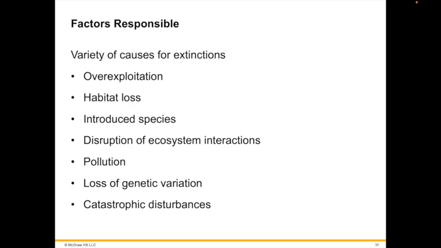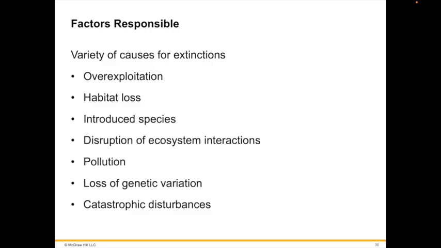A variety of causes, independently or in concert, are responsible for extinctions. Historically, overexploitation was the major cause of extinction. Although it's still a factor, habitat loss is the major problem for most groups today, and introduced species now rival exploitation for second place.